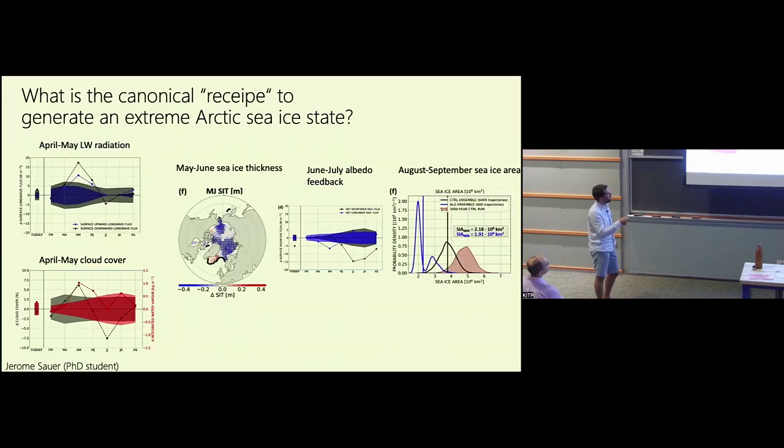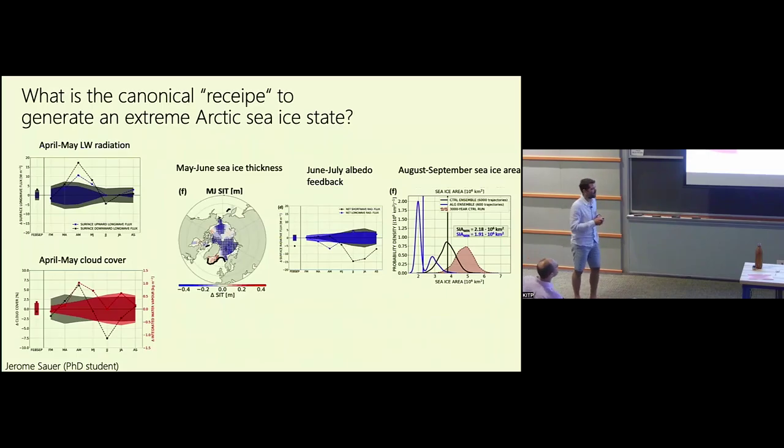And we found a strong role of the net shortwave radiation flux caused by the cloud anomaly. So it really seems that to produce this ideal, I'm not sure ideal is the right word, but this worst case sea ice extent, you need to have this strong interplay between moisture, clouds, that play different roles as the season progresses, and also a strong preconditioning of the sea ice state.